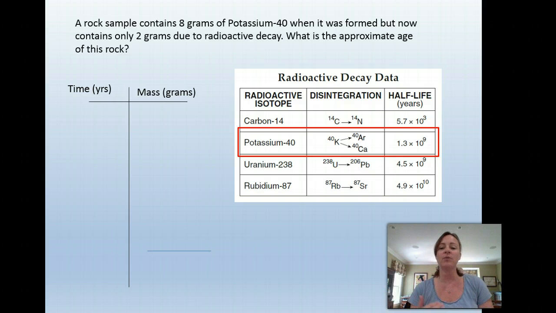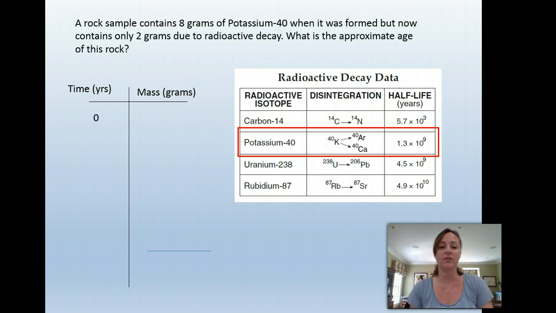And we're going to try to figure out how many half-lives this sample has gone through to get from 8 grams to 2 grams. And using our half-life chart, once we know how many half-lives it had undergone, we can then see the age of the rock. So let's go through this.